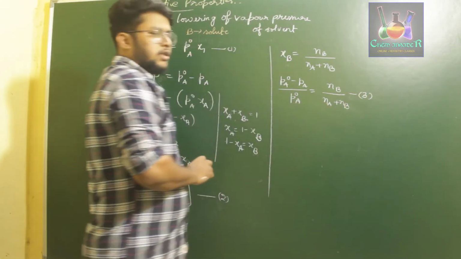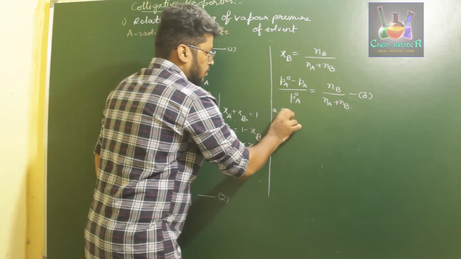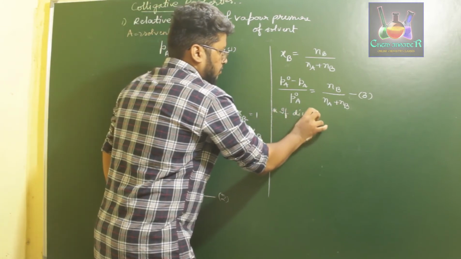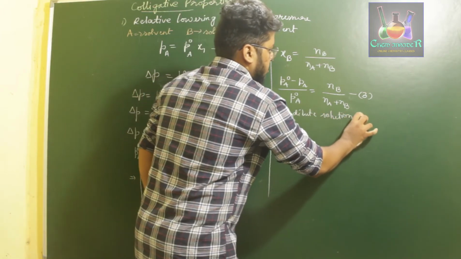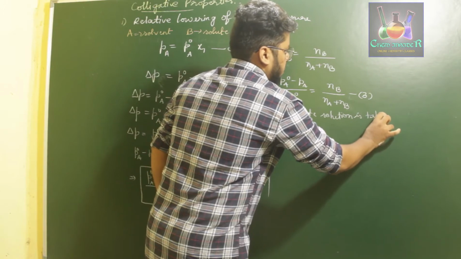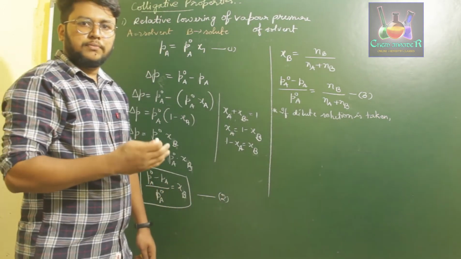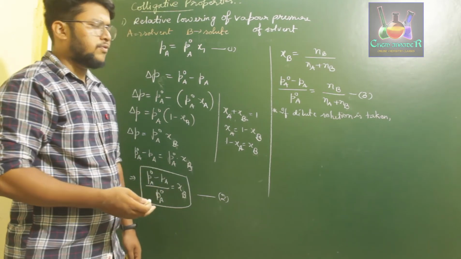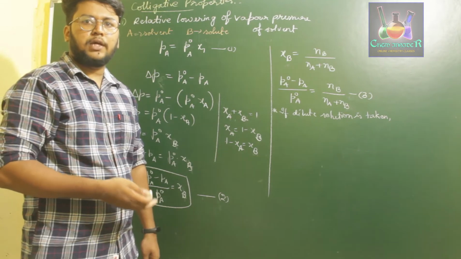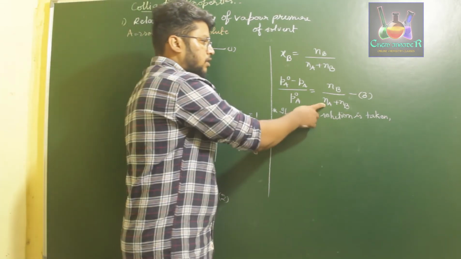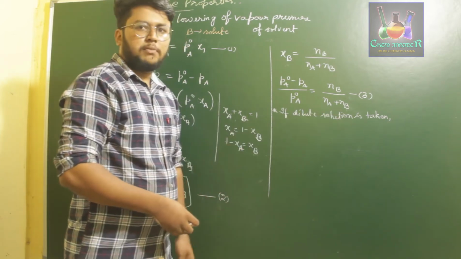Now in equation 3, if we are considering a dilute solution, what happens? The number of moles of solute will be less and the number of moles of solvent will be more. So the number of moles of NA is high whereas the number of moles of NB is less.